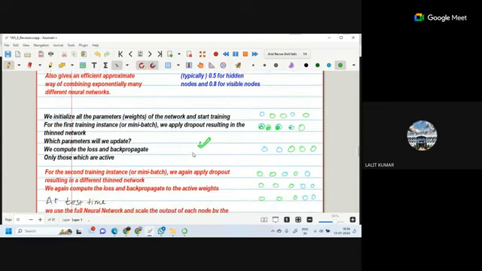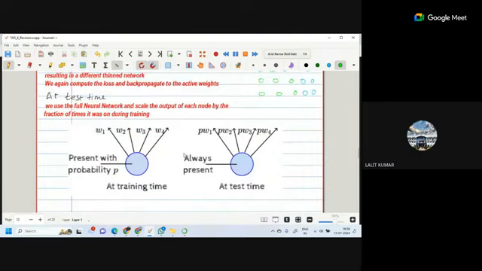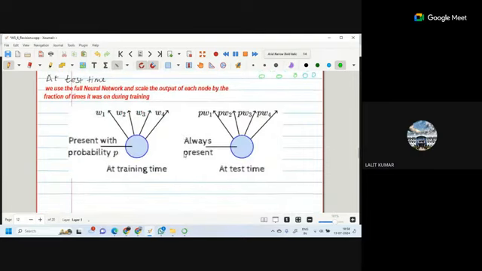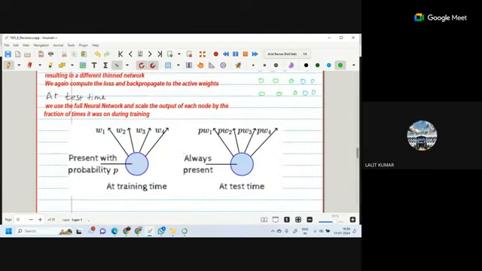Now, important things to remember: for every hidden layer, you can have different P's, probability. And at the test time, the neuron which was selected, for example, if it was always present, then you multiply its weights by the P. PW1, PW2, PW3, PW4.